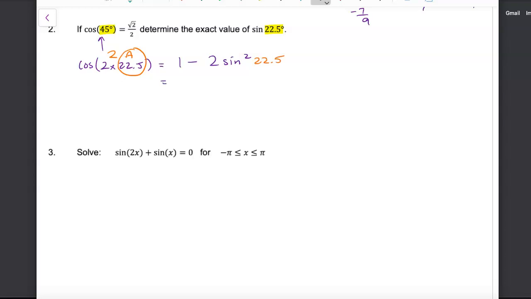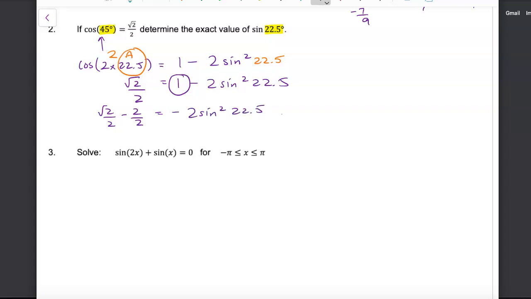So this is going to leave me with √2/2, which is cos 45, equaling 1 minus 2 lots of sine squared of 22.5. So √2/2, I'm going to rewrite this as 2 take 2/2, which equals -2 sine squared of 22.5.